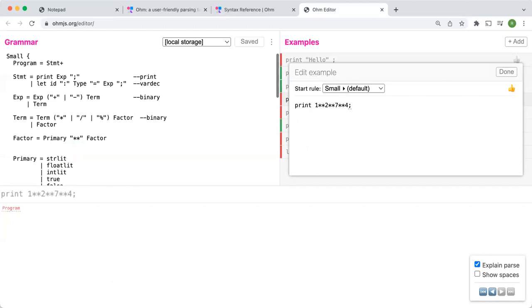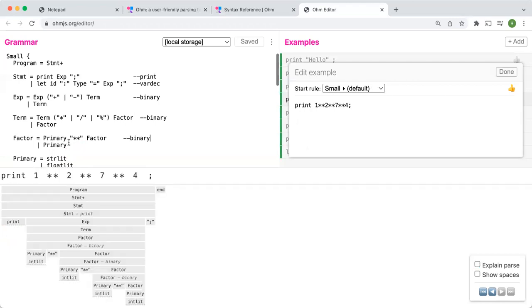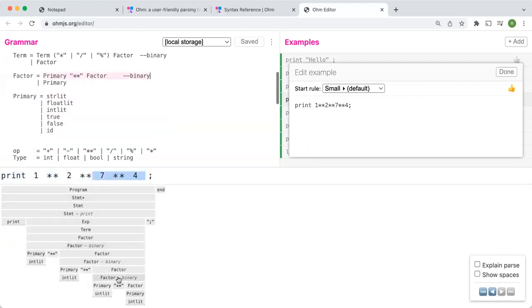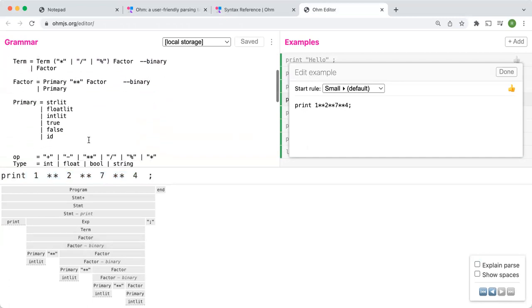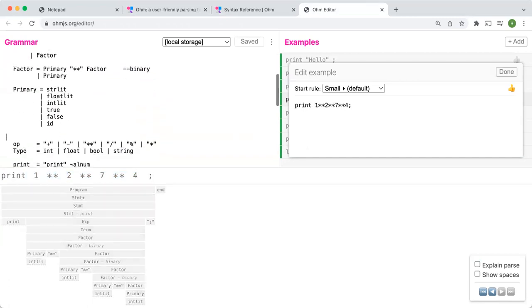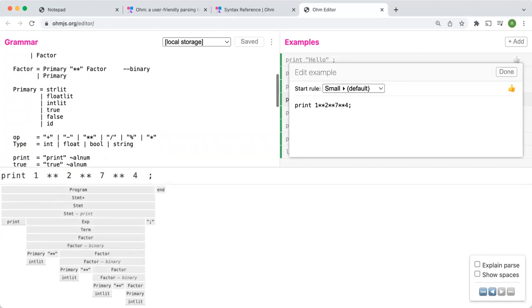So it needs to go something like this. All right, let's make sure to get our arities in order. Now you can see that I first do 7 to the 4th power, then I raise 2 to that, and then I raise 1 to that. And now our operators are in there with the proper associativity, and we can get rid of op now because we're no longer using it.